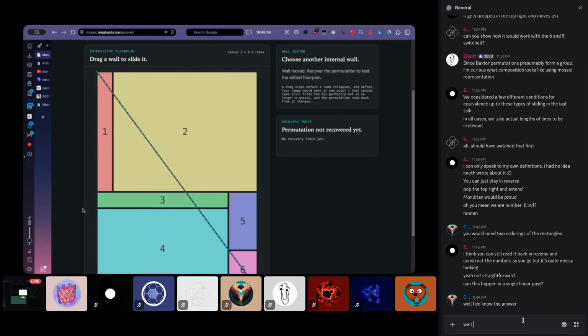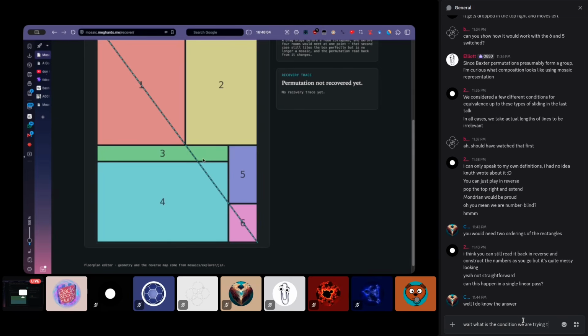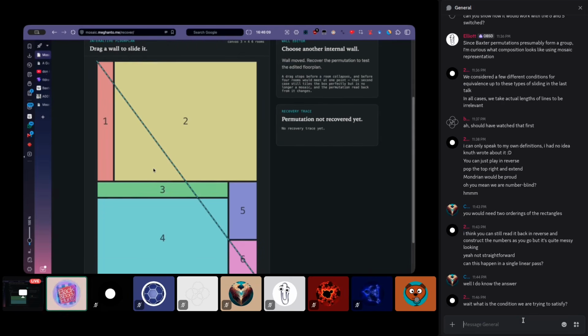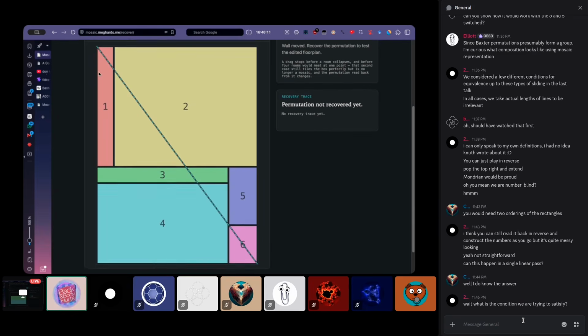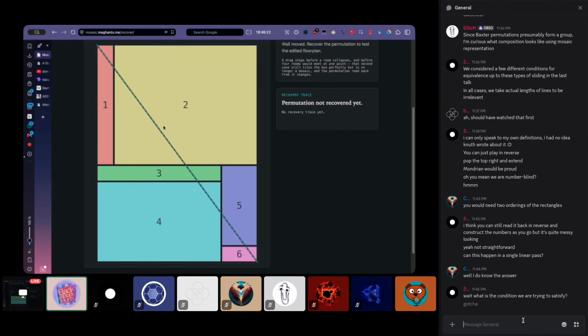We are trying to satisfy a condition where the main diagonal line passes through all the rectangles. And the moment we get that, that's our ordering.